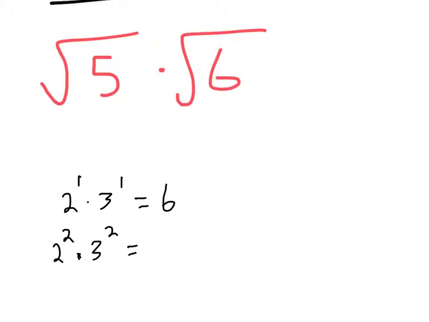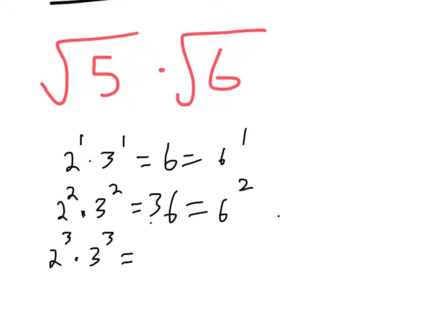Just do some mental math with me here. 2 squared is 4, 3 squared is 9. 4 times 9 makes 36, right? Or that's 6 squared. Okay, this is 6 to the first.